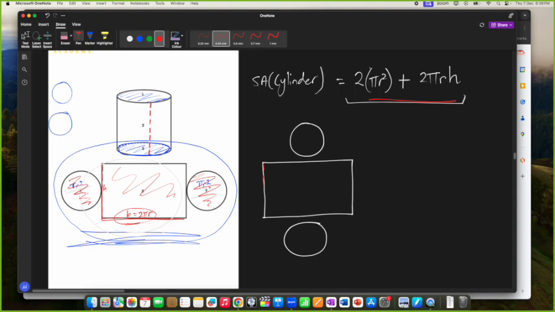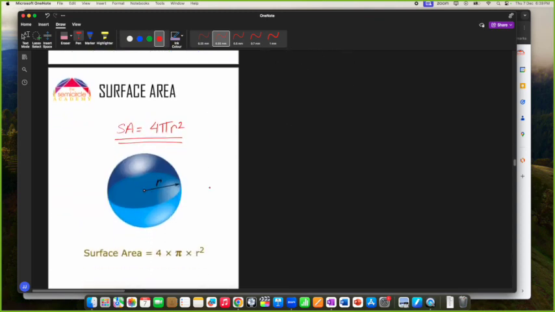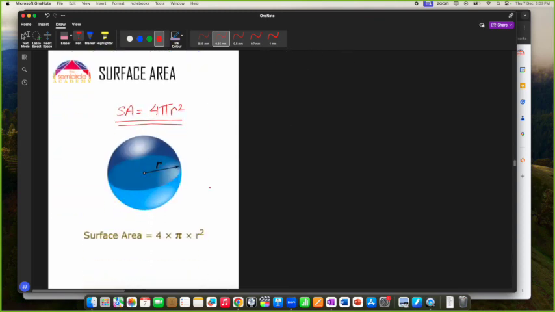So surface area and even volume is all about seeing these shapes. Imagine trying to prove the surface area of a sphere, because a sphere is something that you cannot flatten.